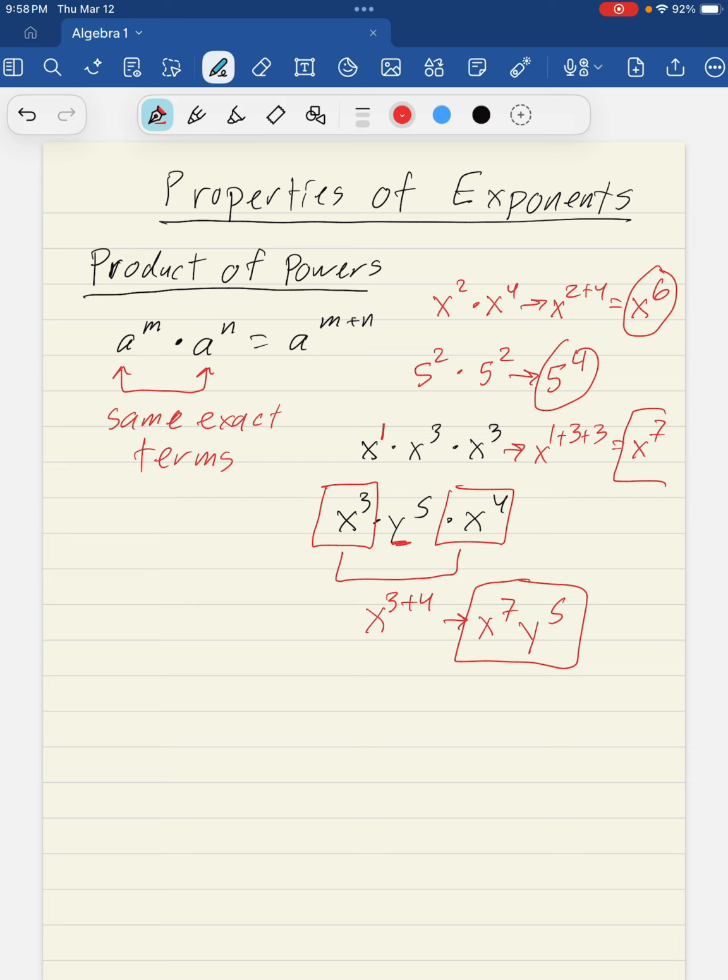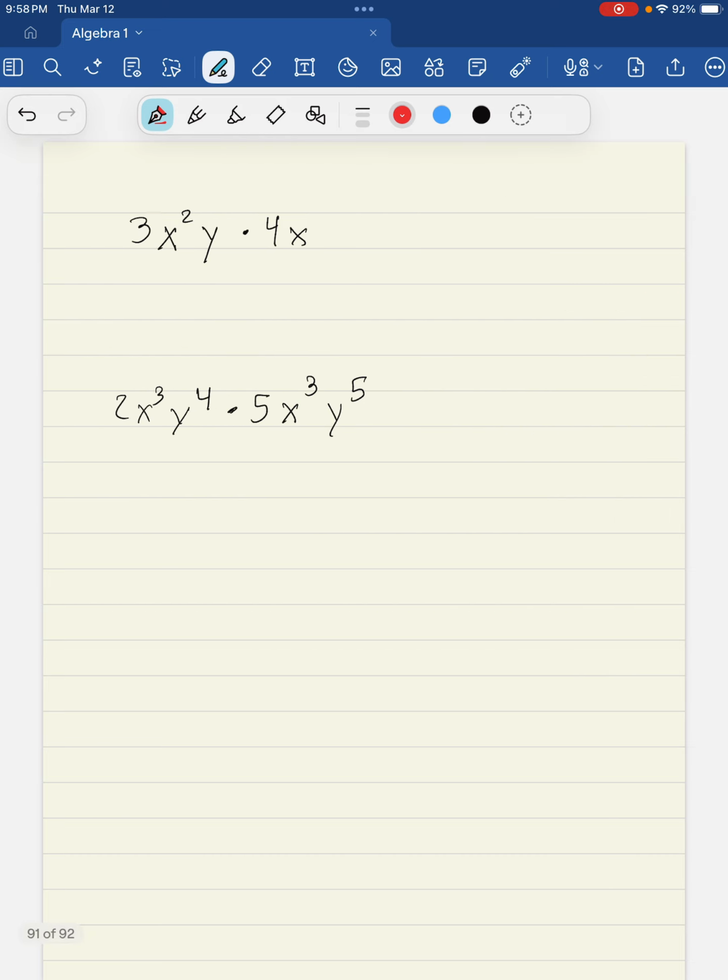Now, what if we have numbers? I got a couple examples over here to show you. The idea with numbers is we need to multiply the numbers, and then use the rule from the previous page: add the exponents of like terms.